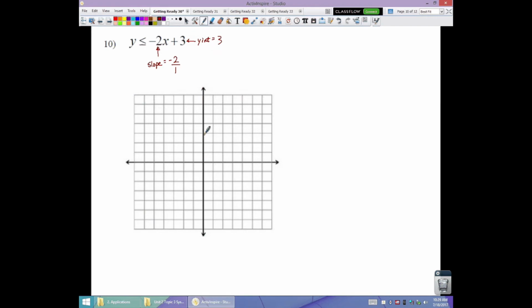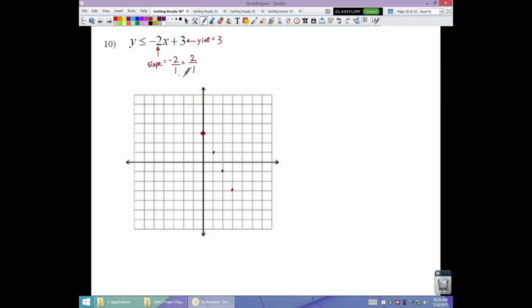So begin at your y-intercept 3, and since my slope is negative 2 over 1, I can either rise negative 2 and run 1, or I could have considered this to be 2 over negative 1.